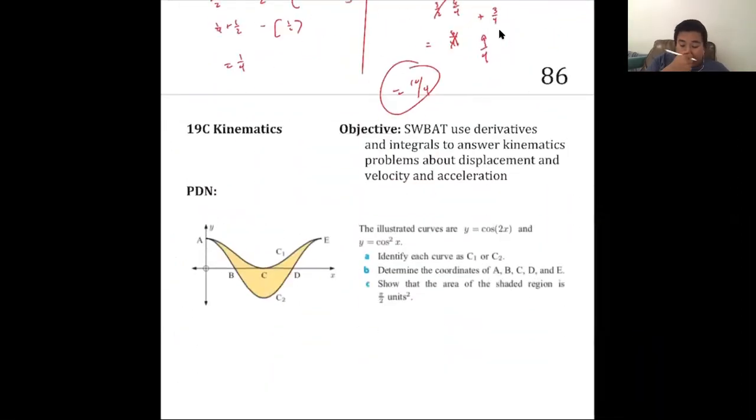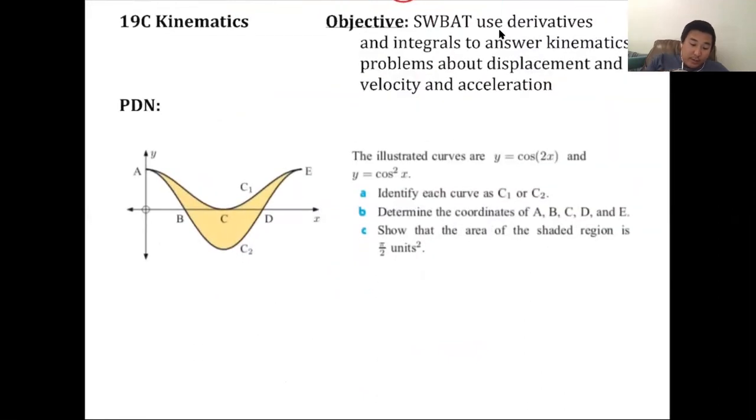Kinematics, 19C. So the curve area illustrates cosine 2x and cosine x squared. Identify each curve. This one is cosine 2x, and this one is cosine squared x.